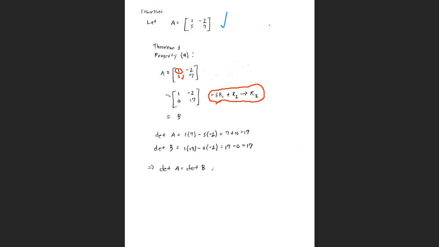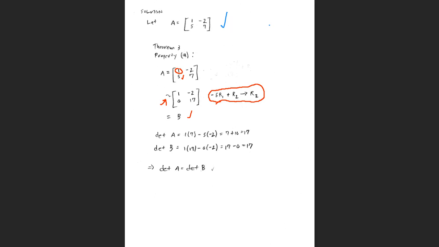That is the type of operation they're talking about in theorem 3A: if a multiple of one row is added to another row to produce a new matrix B. So A is row equivalent to the matrix B.